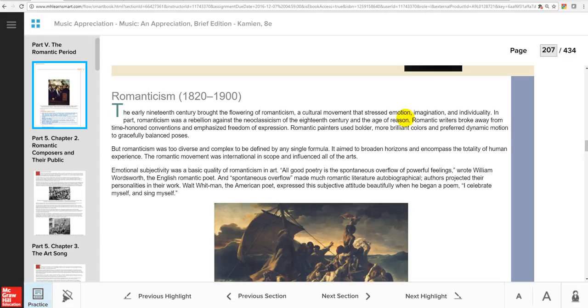If you recall, the previous period, the classical period, was the age of reason. It was the age of logic and that rational side of your brain. And you can see this even in classical compositions, how balanced they are, how one musical phrase logically leads to another. Now, we do see in Beethoven a beginning to depart from this whole idea of logic and reason.